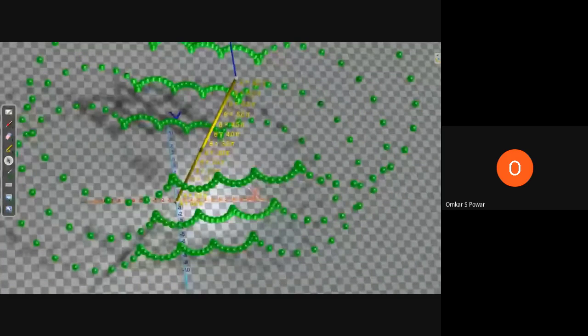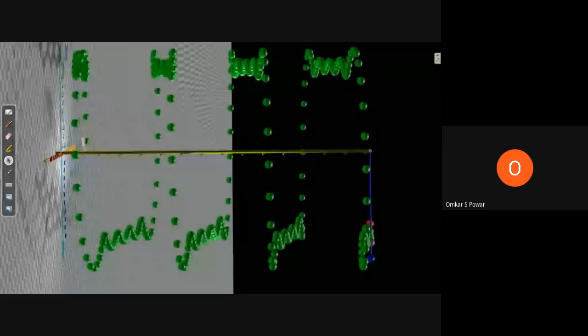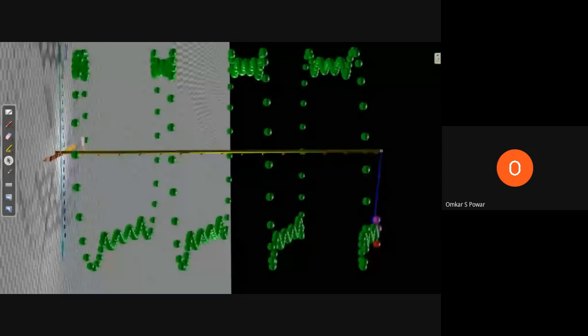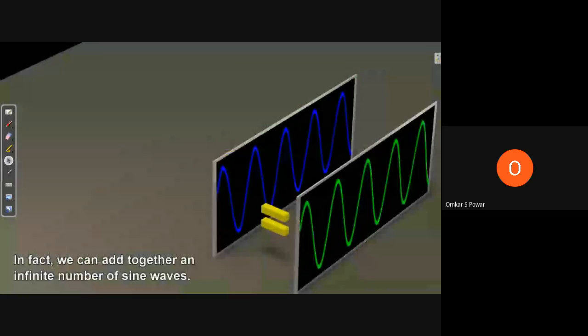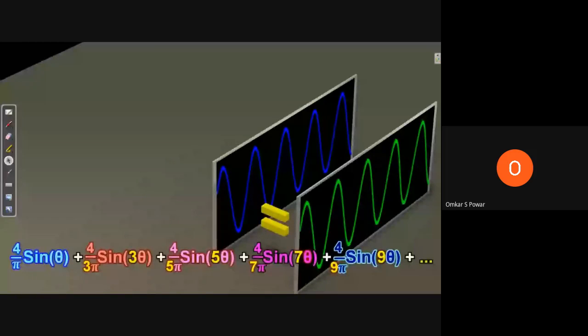So if you go on adding many sine waves, what do you get? Please observe that one. So that's the beauty. So we are getting like a square wave, right?